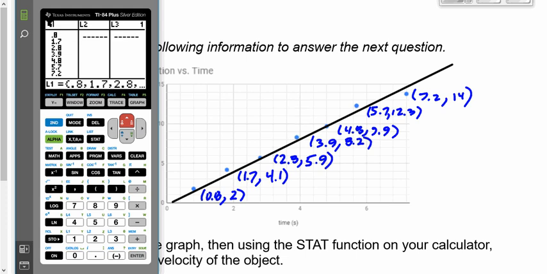Now I'm going to go up and do the same thing for the y coordinates. 2, 4.1, 5.9, 8.2, 9.9, 12.3, and 14.